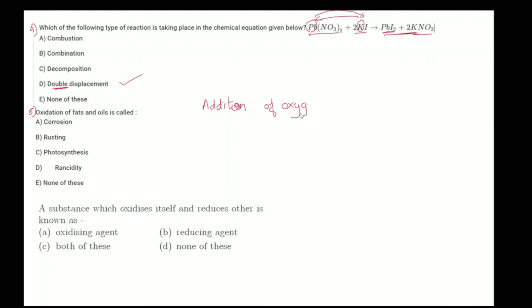Addition of oxygen or removal of hydrogen is nothing but oxidation. So in the oxidation process of fats and oil, it is rancidity, not rusting, corrosion or photosynthesis. Okay, let us do the next one. We have the sixth question. A substance which oxidizes itself and reduces others.